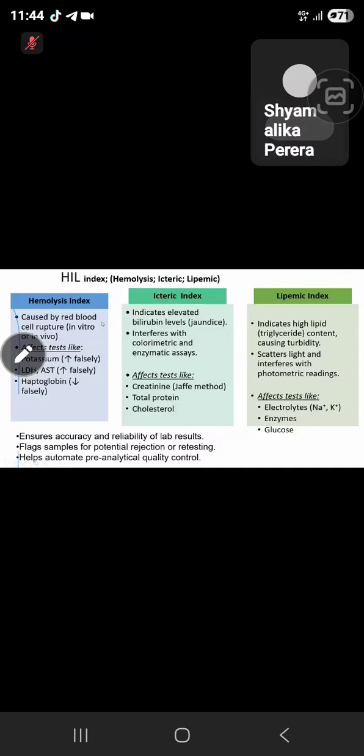And the other important thing is that nowadays in automated analyzers, they talk about the HIL index: hemolysis, icteric and lipemic. Most of the instruments are programmed with this HIL index. So that means they will automatically select the good samples based on certain indexes.